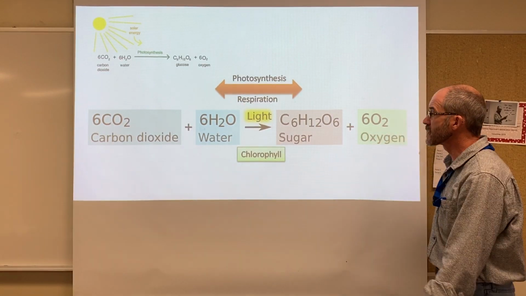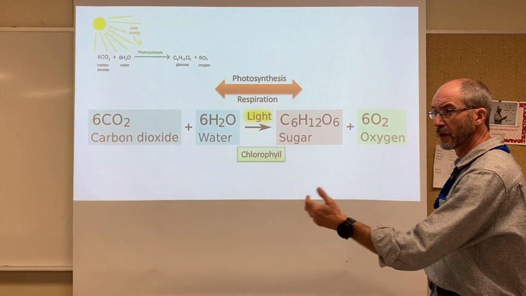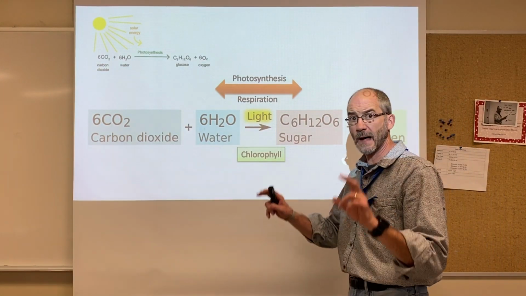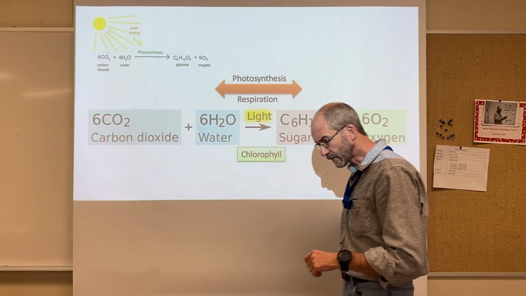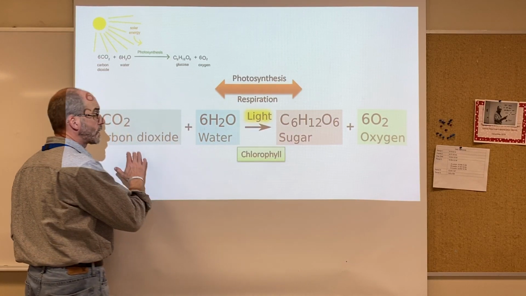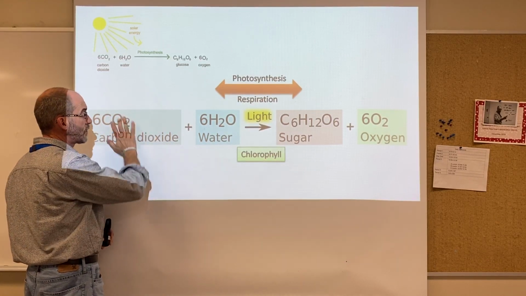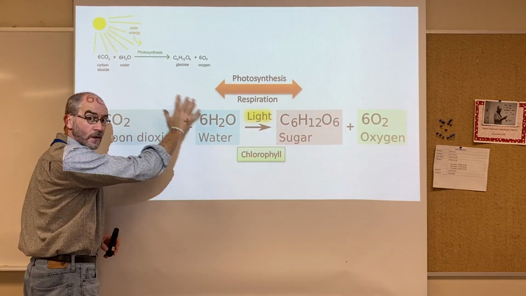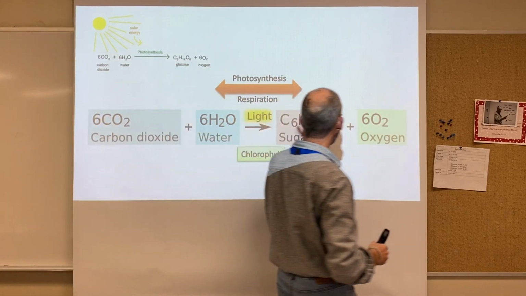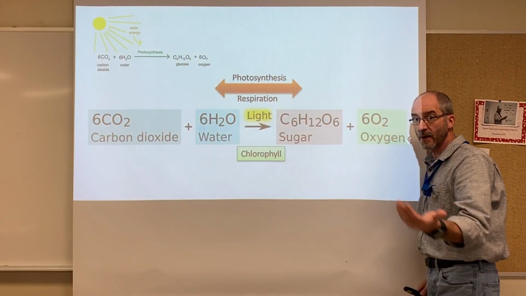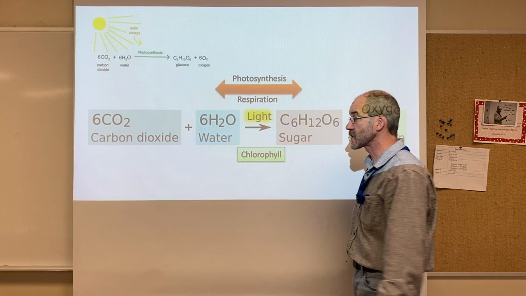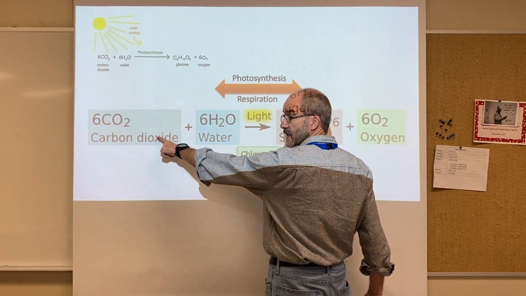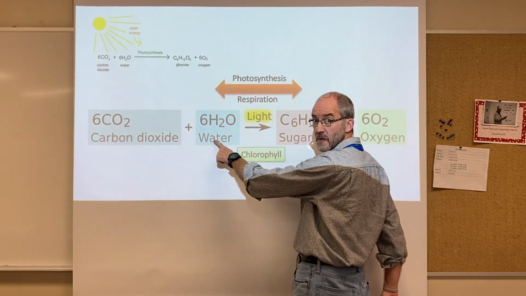But here we go. What do I need for you to see? I need for you to see that what we really want is a balanced chemical equation. In other words, whatever we have here, in whatever proportion, we also need to have here. However, it's pretty obvious that we had carbon dioxide, which is a gas, and water, which is a liquid.